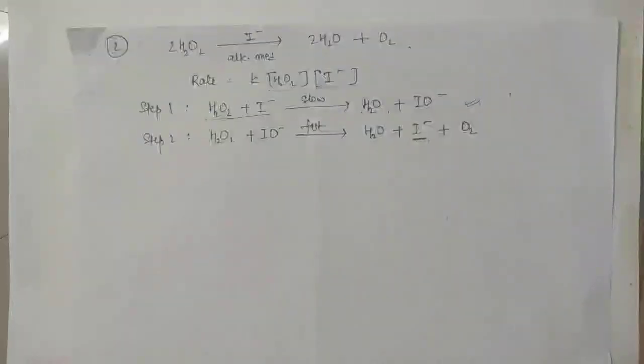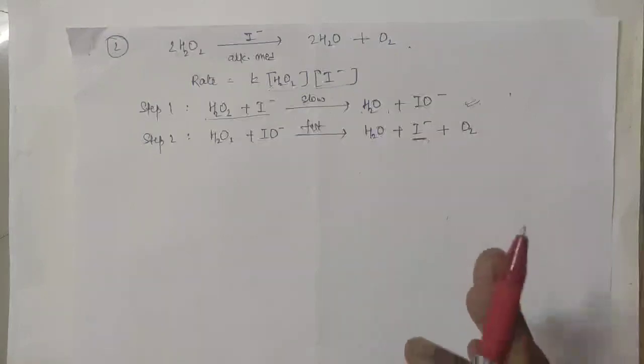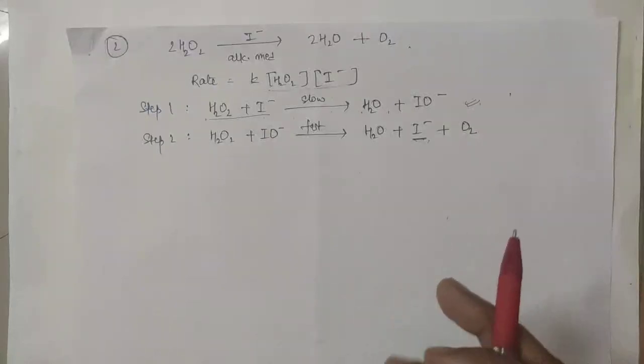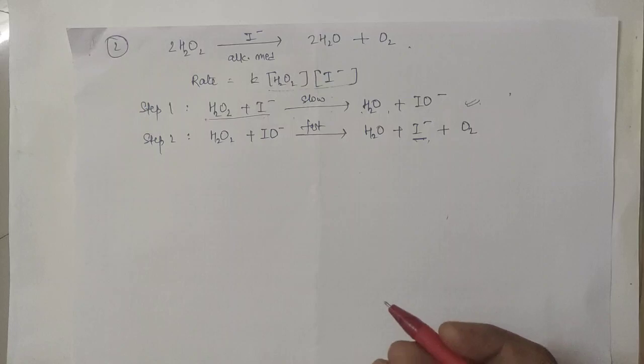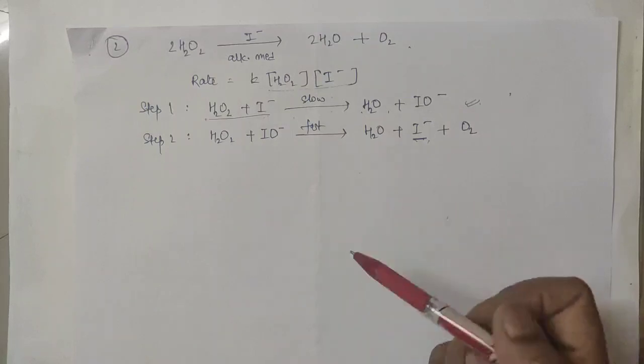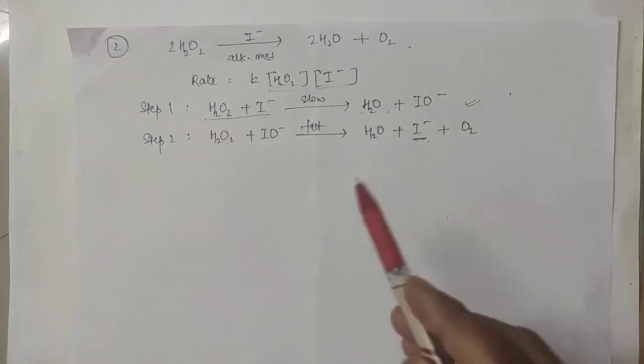Now let us sum up the difference between the order of reaction and the molecularity of the reaction. Now you can differentiate between these two similar appearing words. Order of reaction is the sum of the concentration terms on which the rate of reaction actually depends.